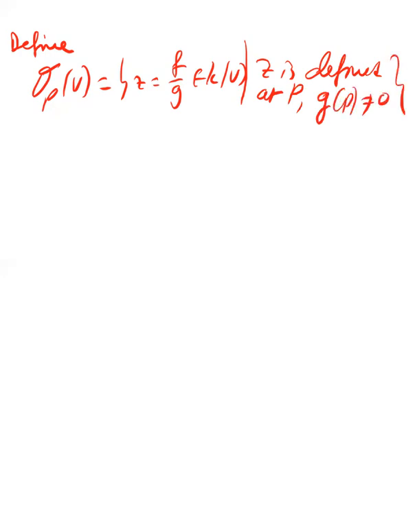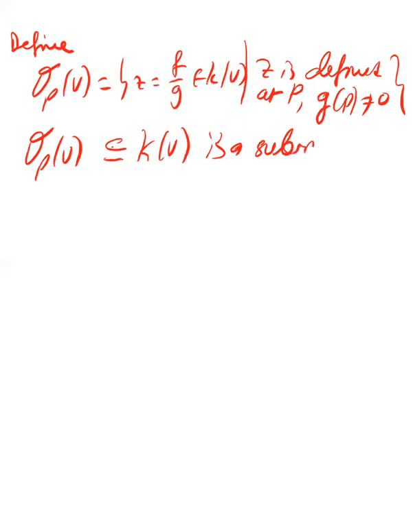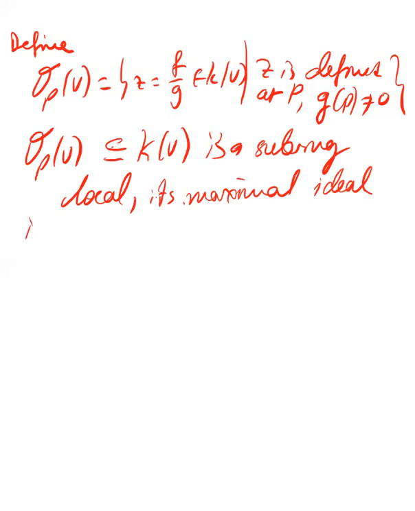So this O_P(V) is a subring. It's local. As in the affine case, it's a local ring, so its maximal ideal is M_P(V).